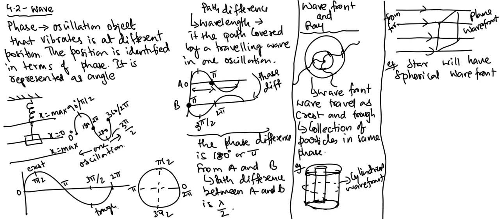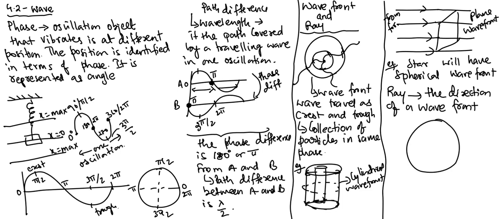Okay, and let us now just understand what exactly is a ray then. Okay, so a ray is nothing but the direction of a wave front. So if you have a wave front which is circular, as we saw, and then you have the source here, then your wave fronts are going in this direction, so you draw the arrows, you draw the arrows, and these arrows represent your ray.